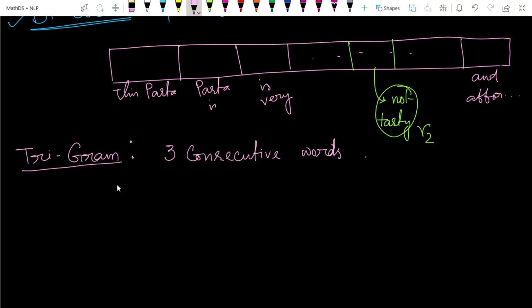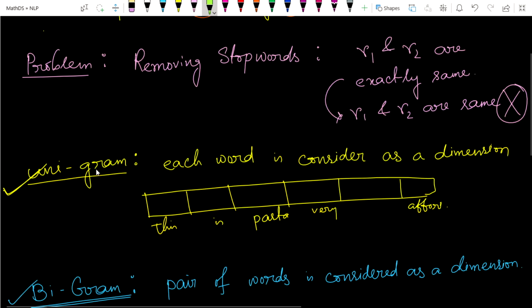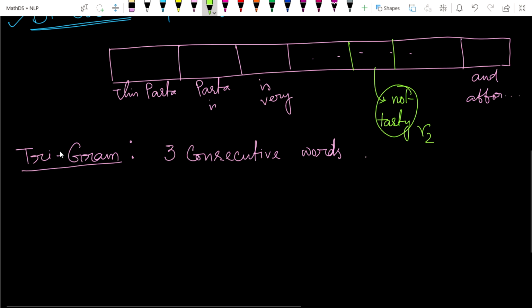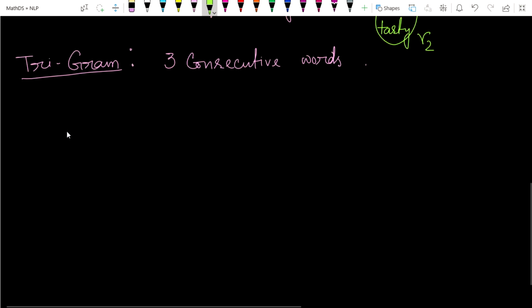Generally, if we take a single word, we call it a unigram. If we take two consecutive words, bigram; three consecutive words, trigram. So in the general case we call these things an n-gram.